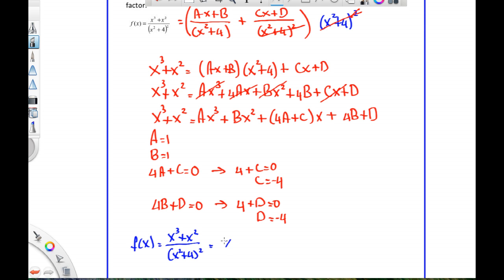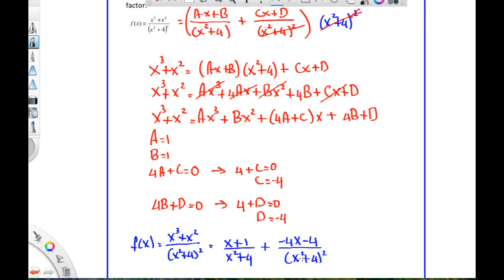So this is 1x plus 1 divided by x squared plus 4, plus cx plus d, so that's a negative 4x plus a negative 4, divided by x squared plus 4 squared.